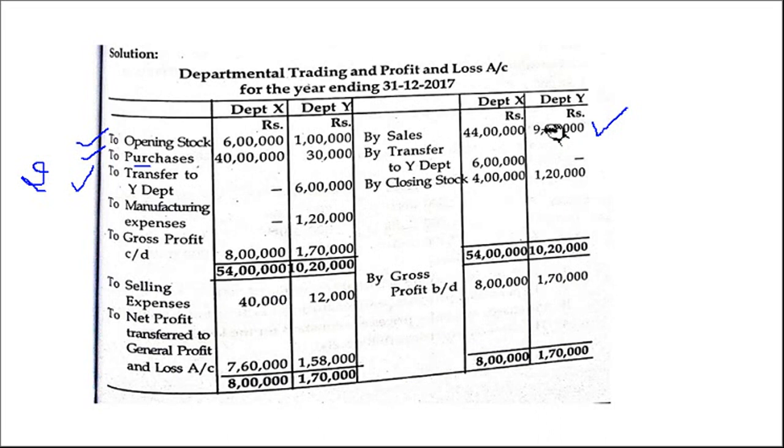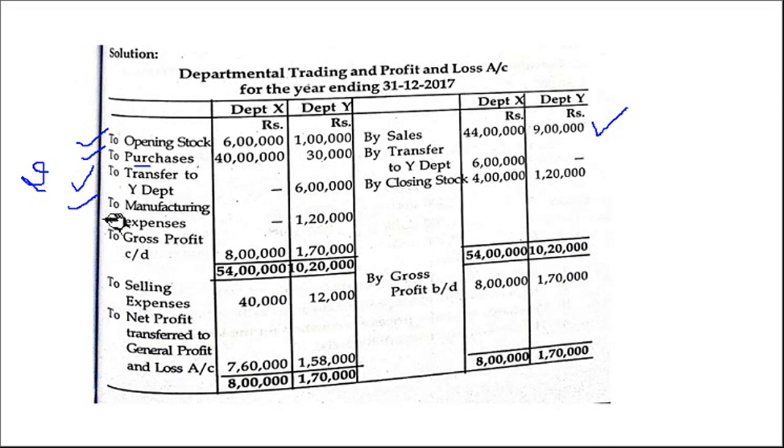Okay, so transfer. Then manufacturing expenses they have given in the problem. To manufacturing expenses that you have written, only Y department has. Then selling expenses in the problem. So you know selling expenses will not appear in trading account. It comes in profit and loss account, right?